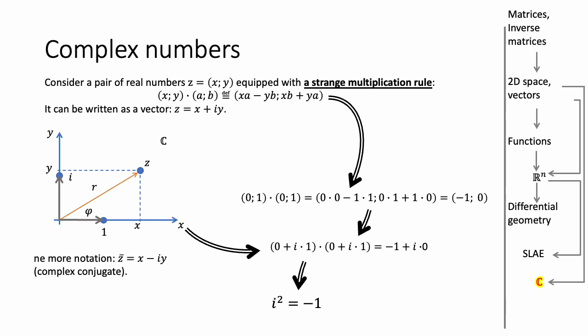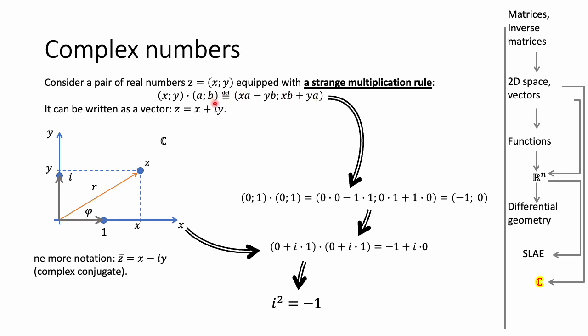However, a more logically consistent way of introducing them is by considering a pair of real numbers, just regular real numbers, x and y, organized in a pair, an ordered pair, first x then y, with its own name, z, and inventing an artificial rule for multiplication for these pairs, such that if there are two pairs, x comma y and a comma b, then by definition the product of these two pairs is going to be another pair of the same kind with the components x times a minus y times b and x times b plus y times a.